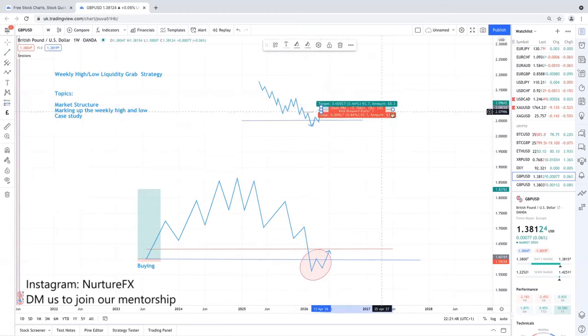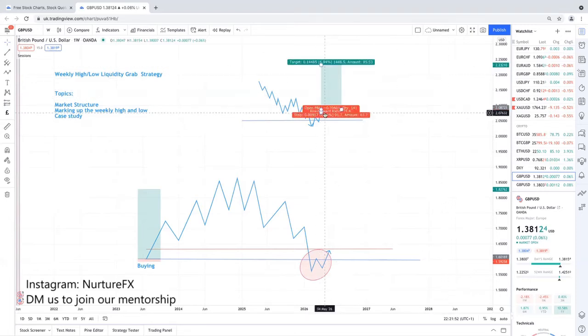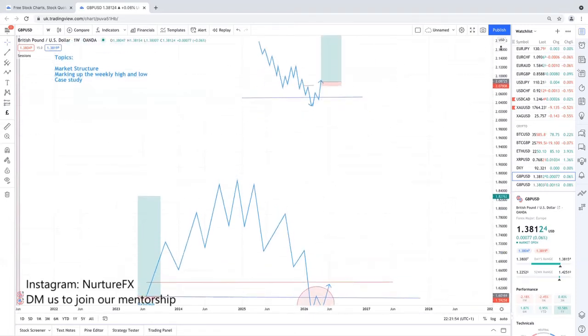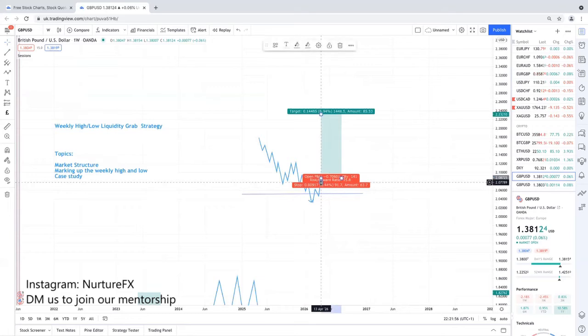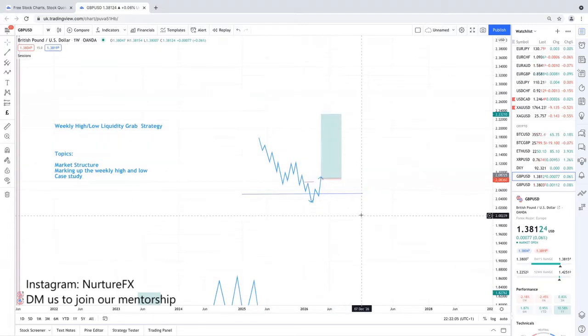Because in the group, everyone who knows, we have 3 pip stop losses. I guess the average stop loss is 4 pips. Obviously we're on the weekly here, but a 4 pip stop loss is tiny, yeah? Because what's going to happen is price is going to come down.